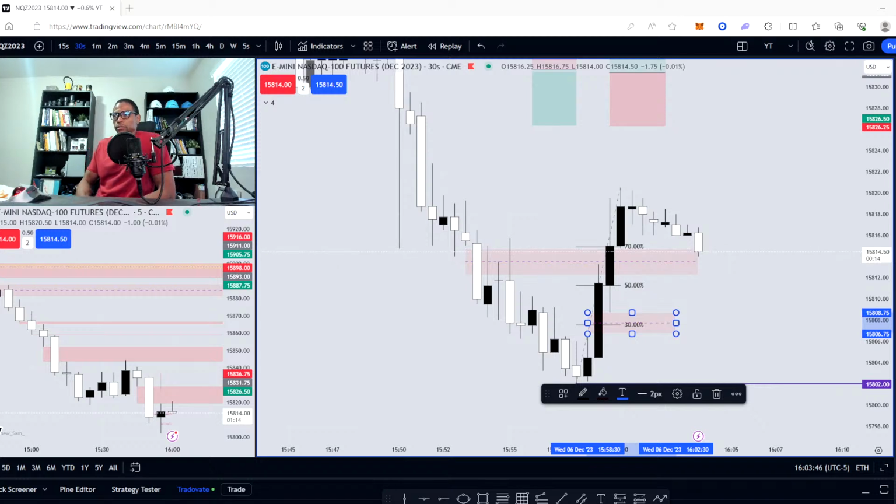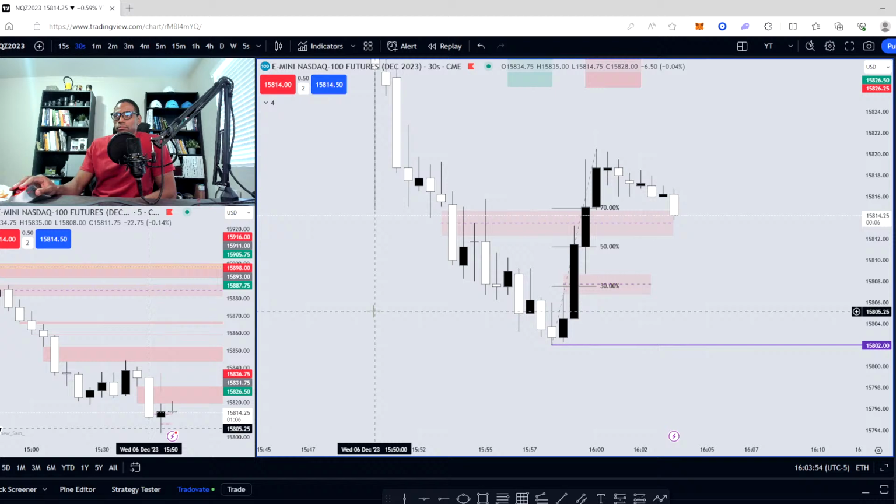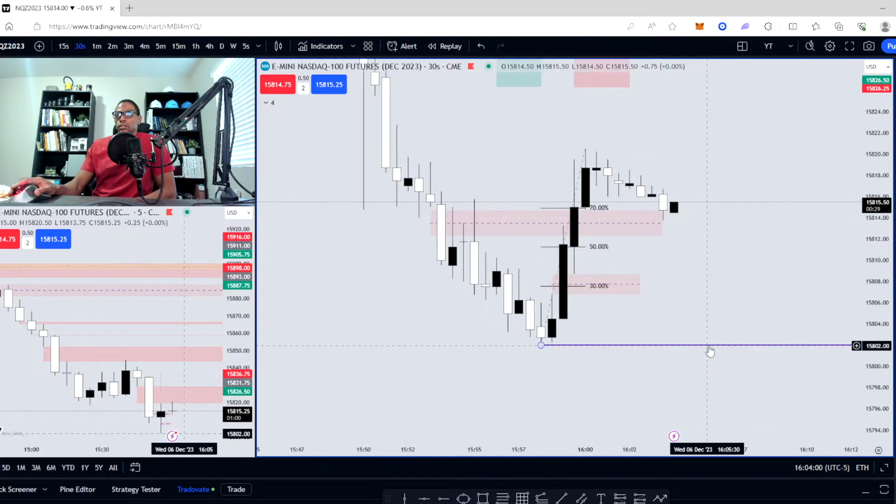Let's see if price can give us one quick push before the session ends. Now we're looking for price to push down to this purple line. We will need to start moving, but it's not too far, only 10 or 12 points. It should be able to do that.